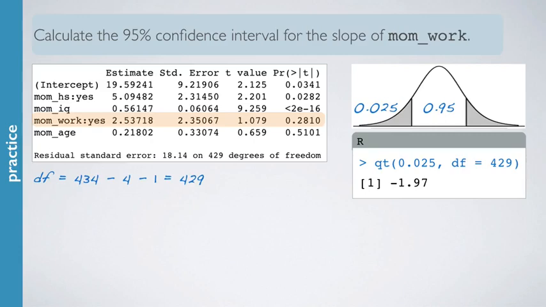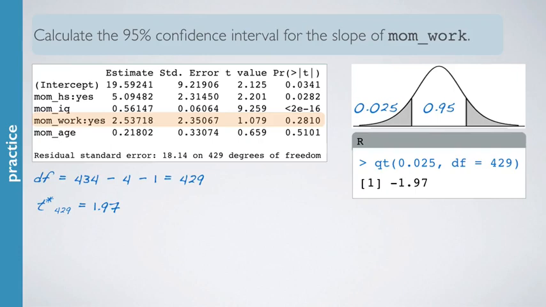When constructing confidence intervals, we always use positive critical values, so the t-star associated with 95% confidence level and degrees of freedom of 429 is 1.97. As expected, it is very close to the z-score because we have really high degrees of freedom here.